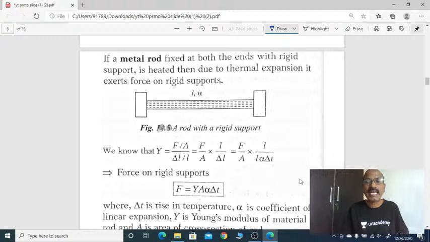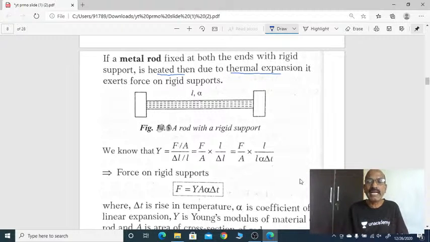The thermal expansion then exerts a force on either side, on the rigid support. The force is nothing but a tensional force.